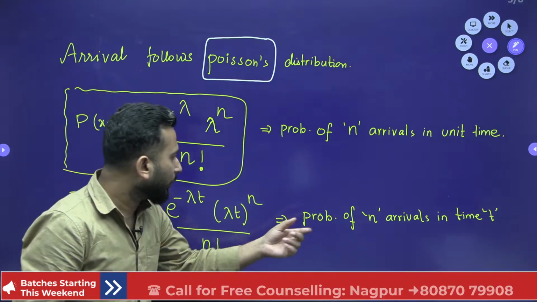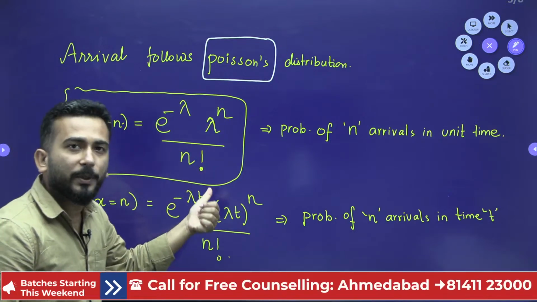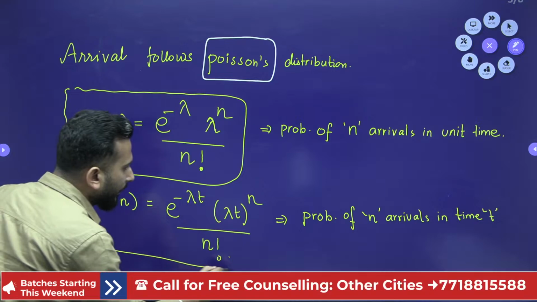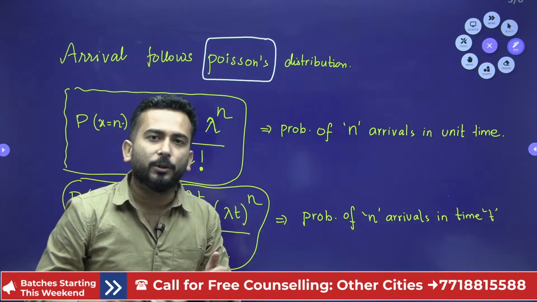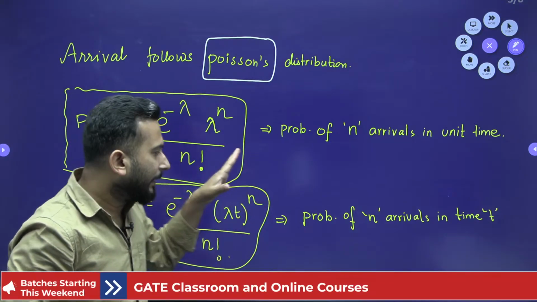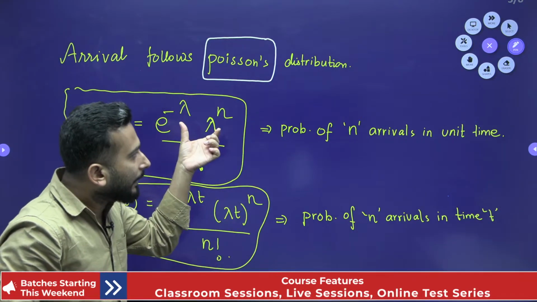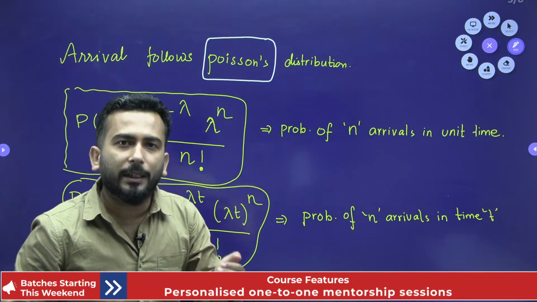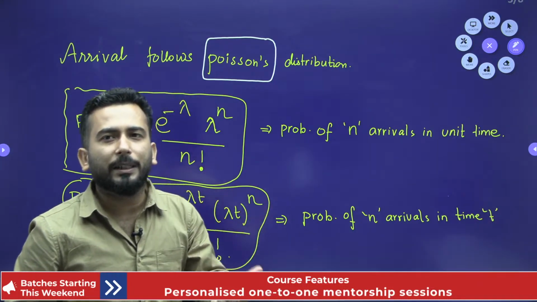And it is visible also. Why? Because if you put t is equal to 1, you would be reaching this formula. So let me highlight this formula as well. First and foremost, this is giving you the probability of n arrivals, but here the t is unit. Unit means it can be per minute, per hour, per month, per year, whatever.